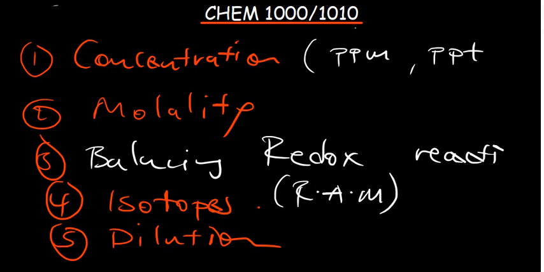The aspect of you being able to find their percentage abundance using the relative atomic mass of the isotopes. Are we together? So these are the things that we've not talked about. Of course, talking about the redox titrations. Also under balancing, we have two methods that we get to work with. But for this afternoon, we just end here.